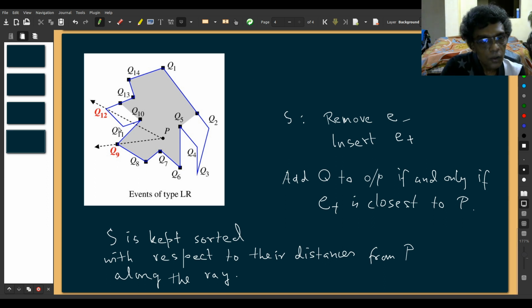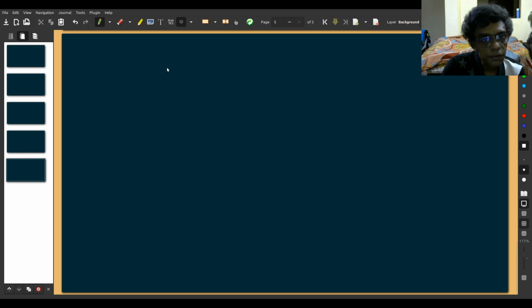Okay, so having seen an LR type of event, let us see the next type.